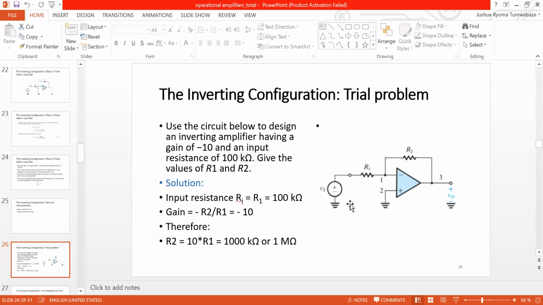That's where your input voltage is, so your input voltage in this case would simply be VI. You can write it down. And then your input current is the current flowing through R1.